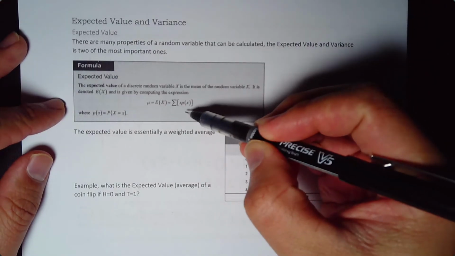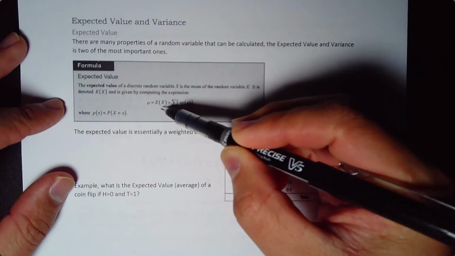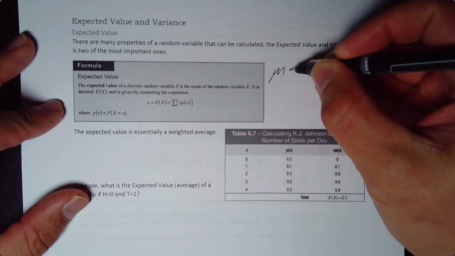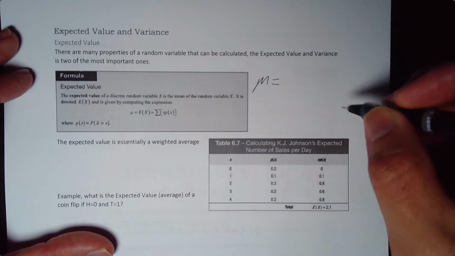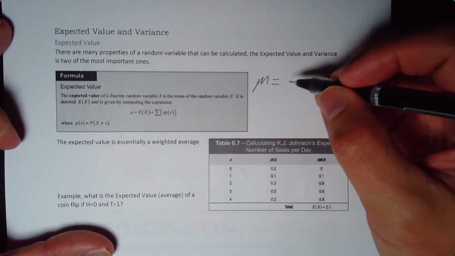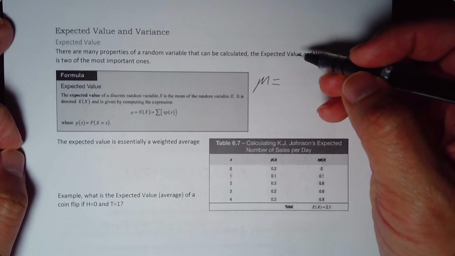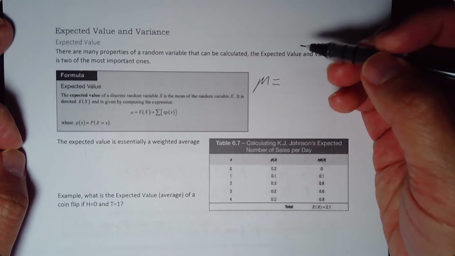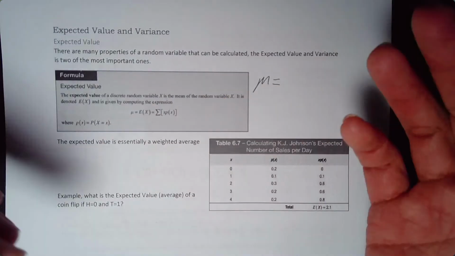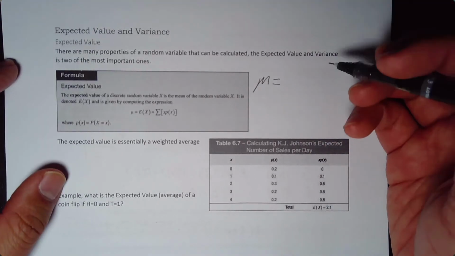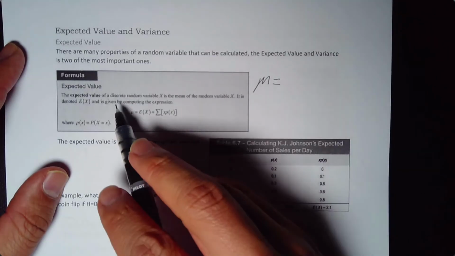Now the notation here is going to look a little funky. The mu, the average of the probability distribution. And by the way, when I say probability distribution, I also mean the random variable x. The distribution of x, or x the random variable, all mean the same thing.